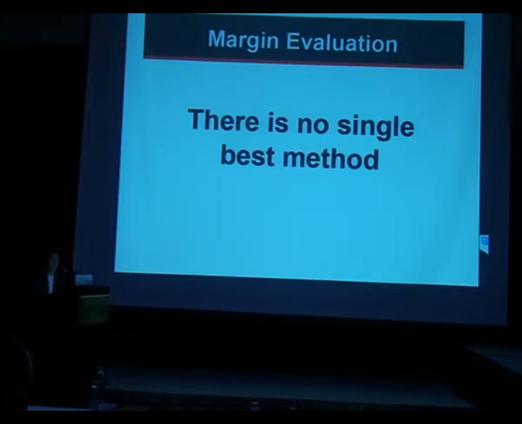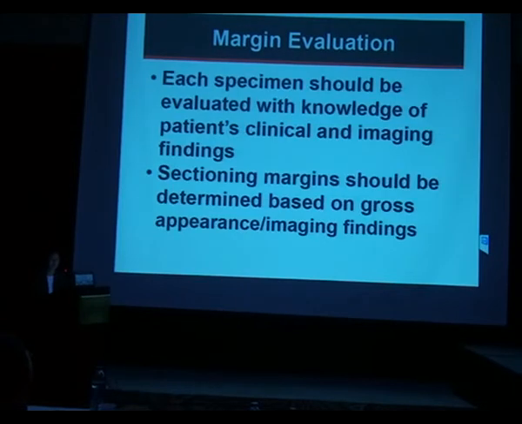So in summary, in terms of evaluation, there is no single best method. I cannot say, X-ray all your specimens, do this for all specimens. You really need to evaluate each specimen and then make a judgment. Each specimen should be evaluated with the knowledge of the patient's clinical and imaging findings. Section and margins should be determined based on gross appearance and imaging findings.